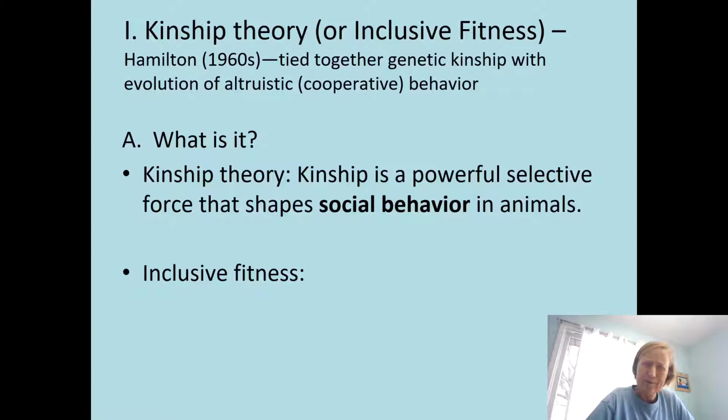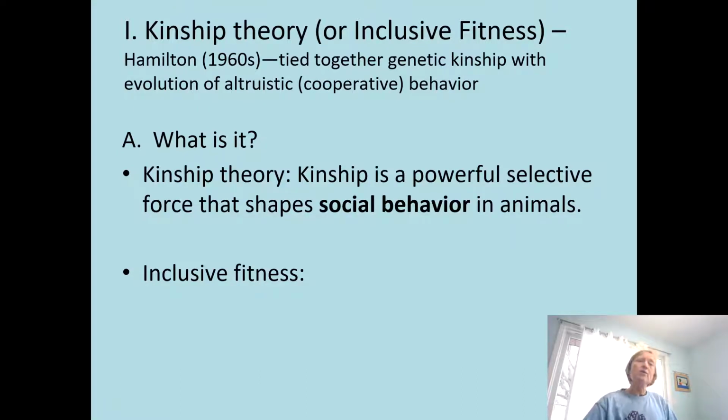And how? Well, we need to step back and think about the definition of fitness. When we're focused on natural selection, we said that there should be selection for behaviors or traits that enhance or improve an individual's ability to survive and reproduce, leaving behind offspring in the next generation. So behaviors that contribute to one's direct fitness are going to be selected for.